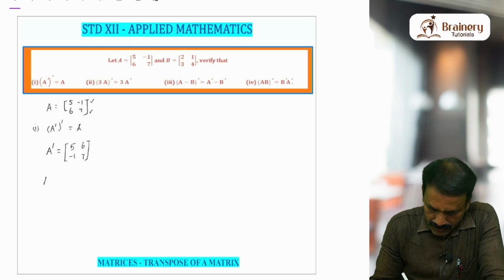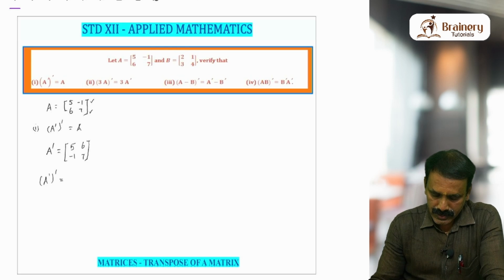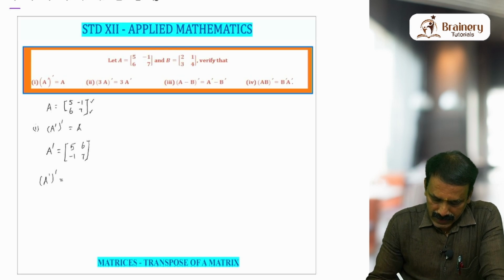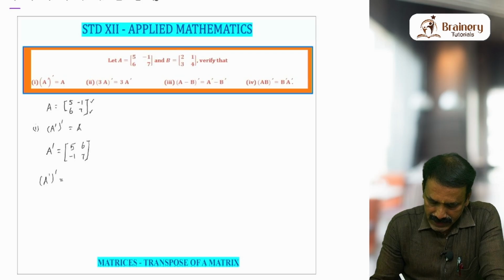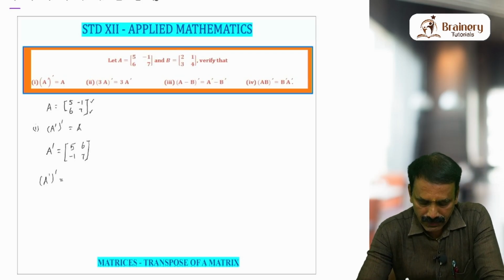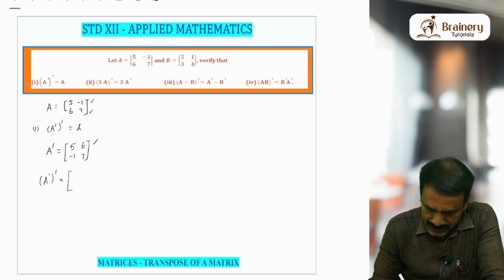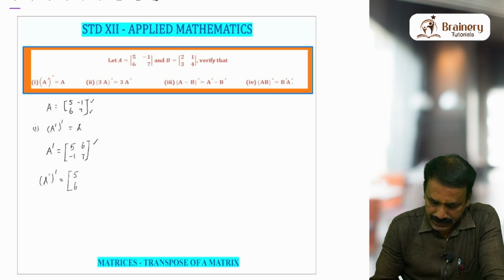Now I am going to find out A transpose, whole transpose. This is nothing but A transpose, which we already found out, 5, 6, minus 1, 7. Now we are going to find the transpose of the transpose. So we are going to transpose this matrix. So here the row element will be changed to column element again. So 5, 6 is rewritten as 5, 6 as the column element.